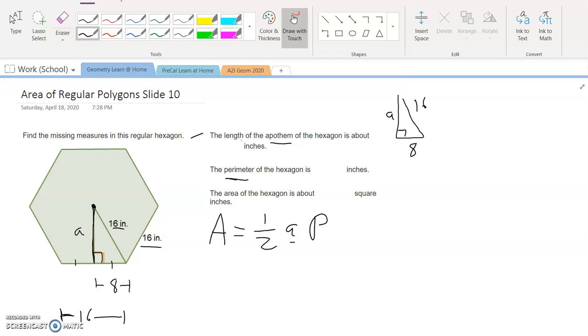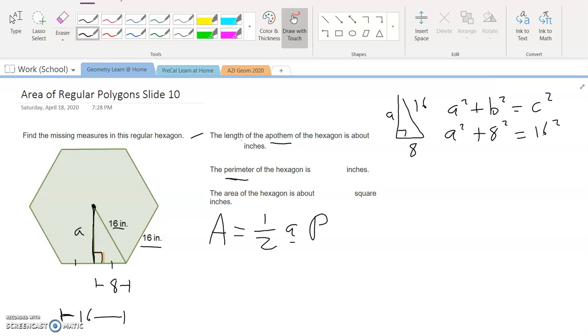All right, I know that a squared plus b squared, we're using Pythagorean theorem, equals c squared. A is what I'm solving for, so a squared plus b squared, the other leg, 8 squared, equals 16 squared. Should be a plus sign right there. If I start to solve for a, I can get rid of the 8 squared from both sides.